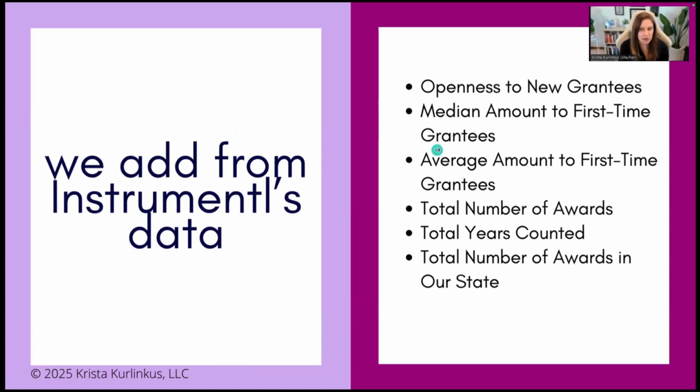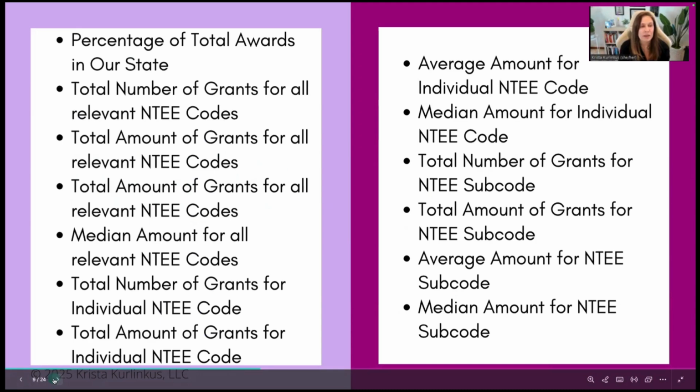So openness to new grantees, median amount to first-time grantees, average amount to first-time grantees, total number of awards, total years counted, total number of awards in our state or client's state. We do also do all of these other ones as well.